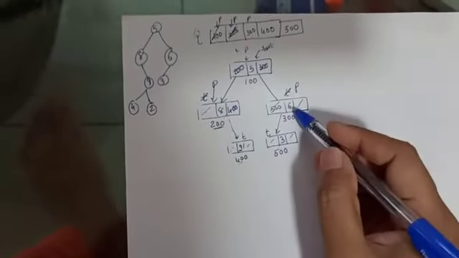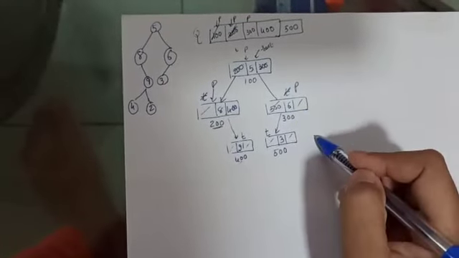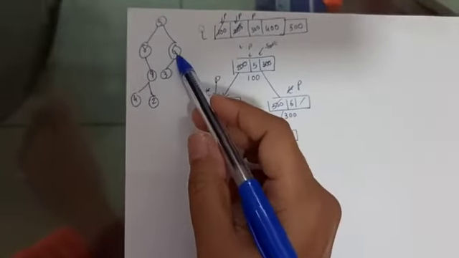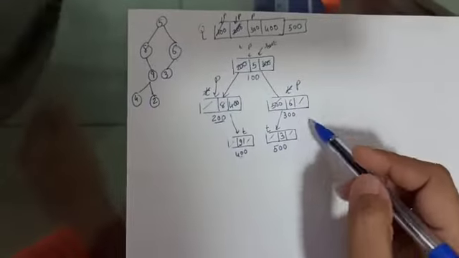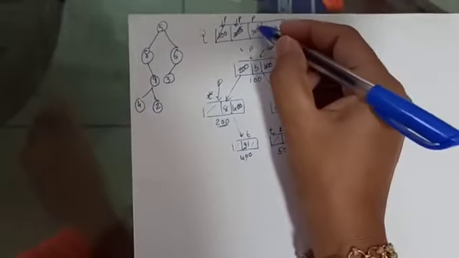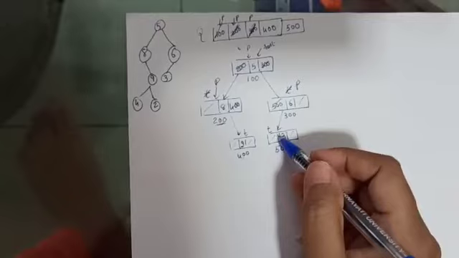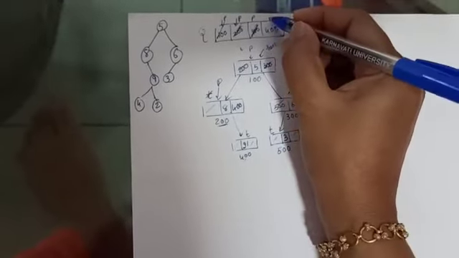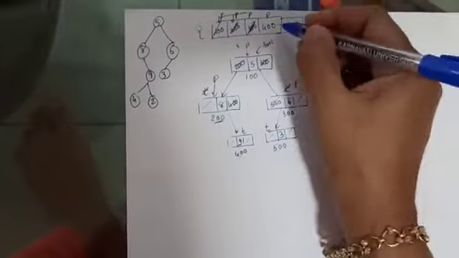Now we will ask whether this node has a right child or not. The user must have entered -1, that means this node has no right child. So now this 300 is processed. Now we will dequeue the next node. Now p is pointing to 400.